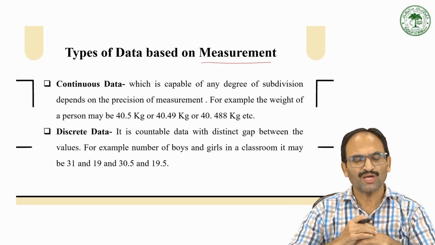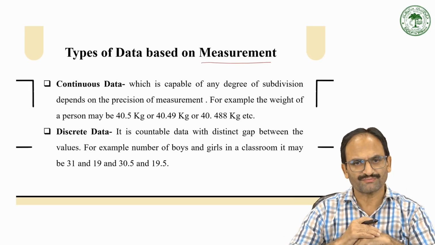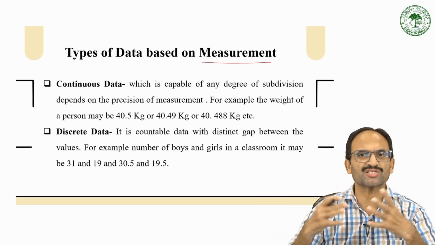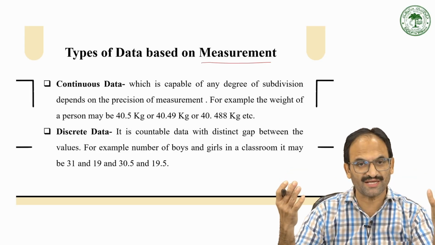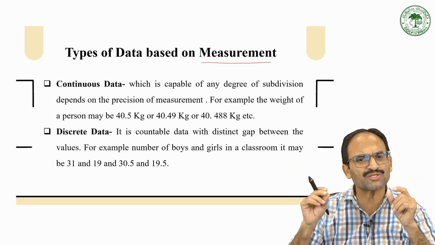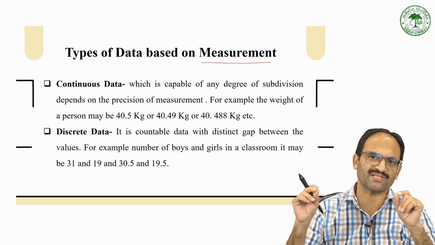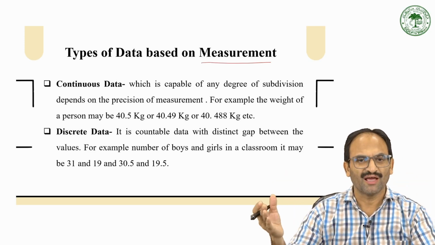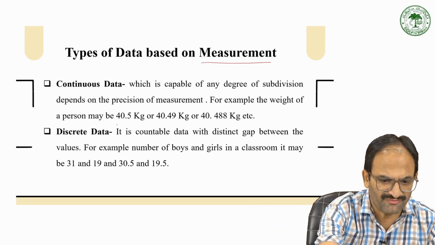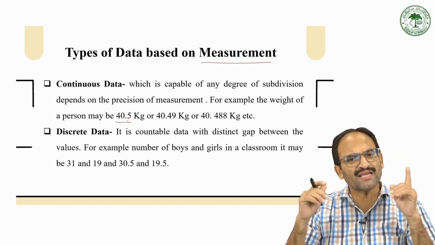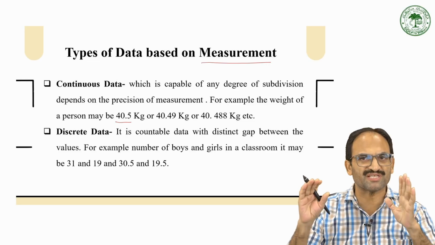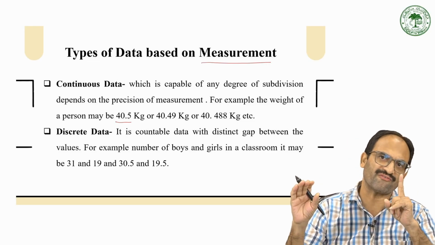For example, you have a weighing machine, and that weighing machine is not very sophisticated, not digitalized, you can say, and it measures only up to 1 place of decimal. So someone stands on that machine and it tells 40.5 kg. It is telling 40.5 kg simply because it has the precision of only 1 place of decimal.